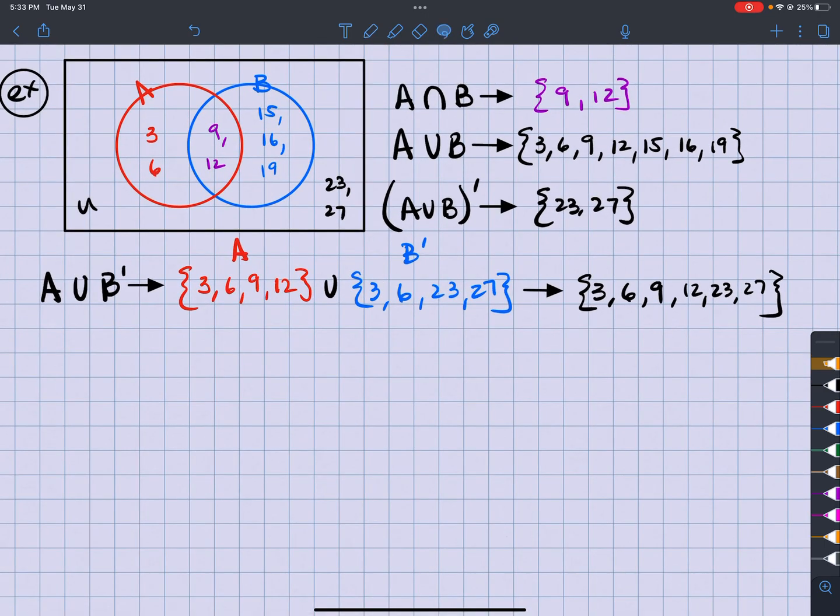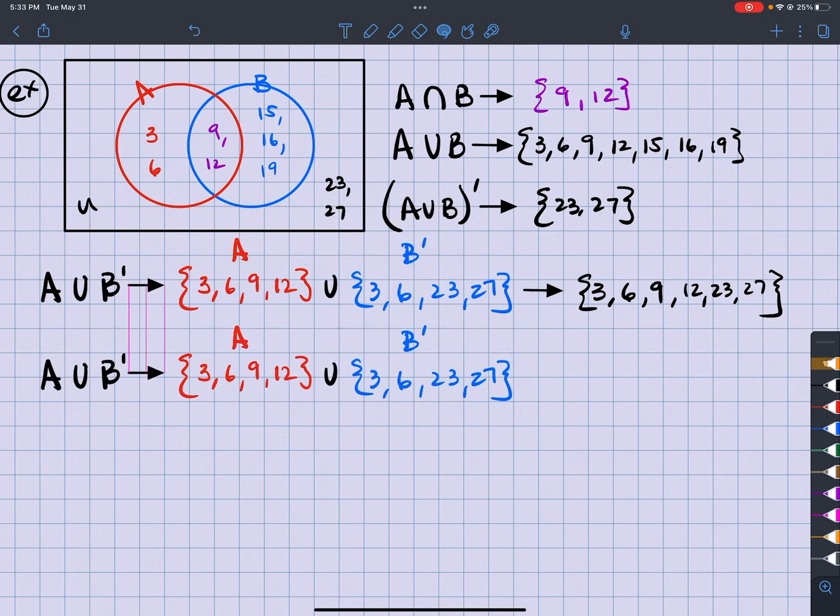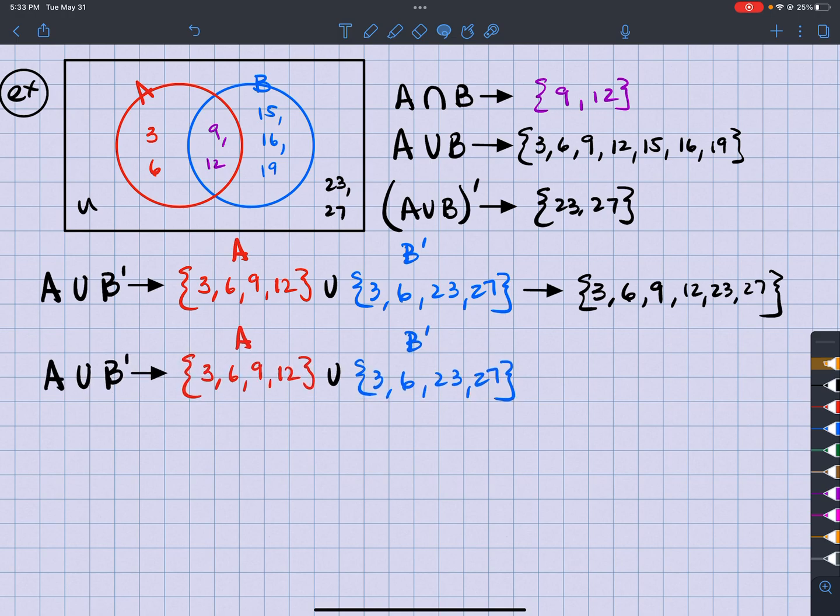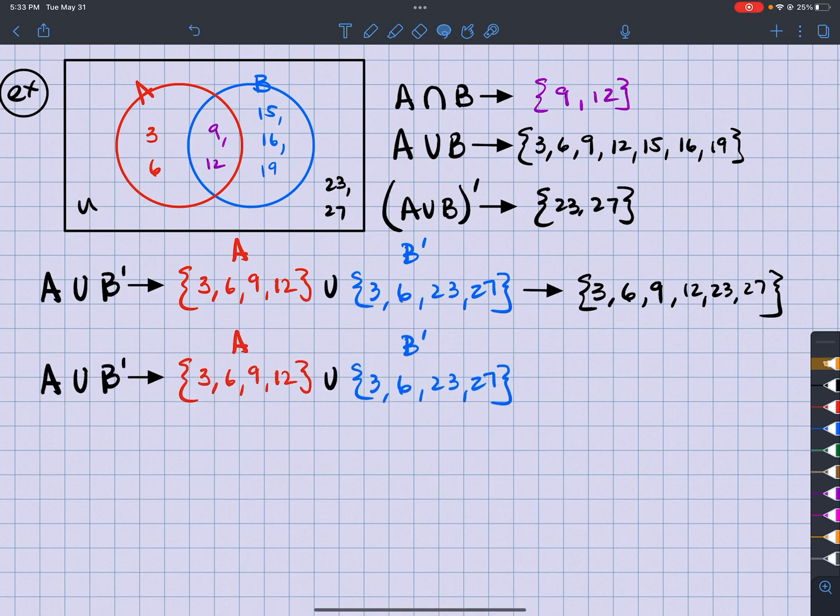What if I took this and I intersect them instead? So meaning taking those out and changing those to intersect. Then what am I going to get? Then I need to see what they have in common. So it's 3, 6, and that's it.